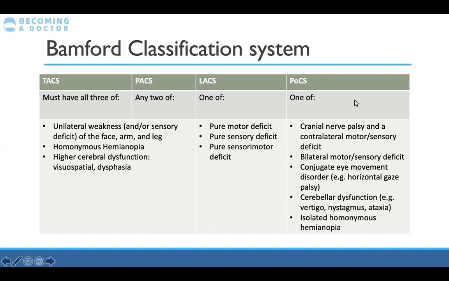So you need one of either a cranial nerve palsy, bilateral motor or sensory deficit. So remember where your pathways converge and all go down the midbrain, pons and medulla. So those can be affected. Conjugate eye movement, cerebral dysfunction, or isolated homonymous hemianopia. All right, so this is the way you can classify ischemic strokes.